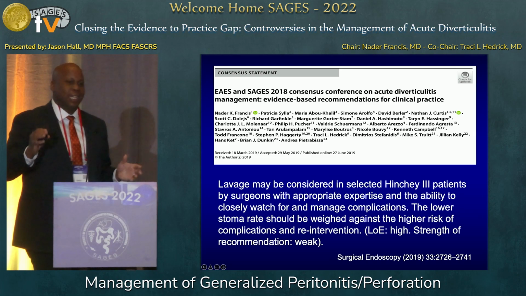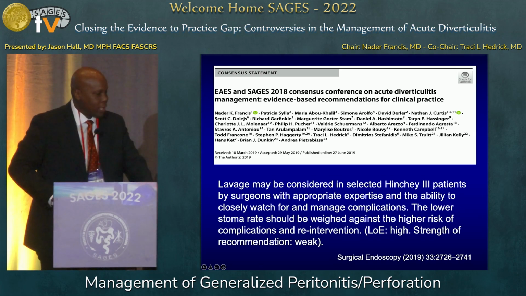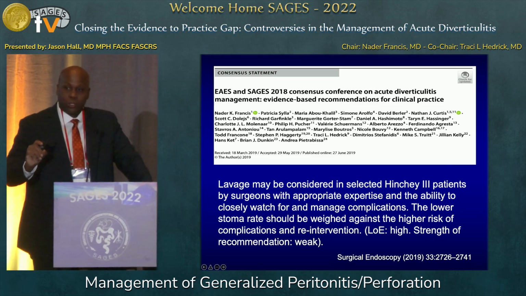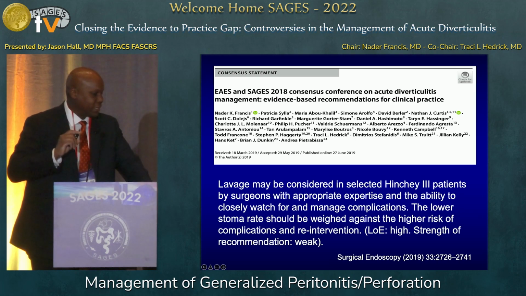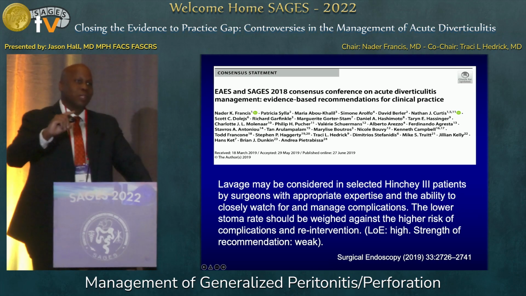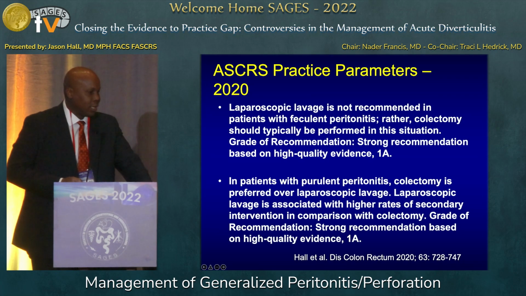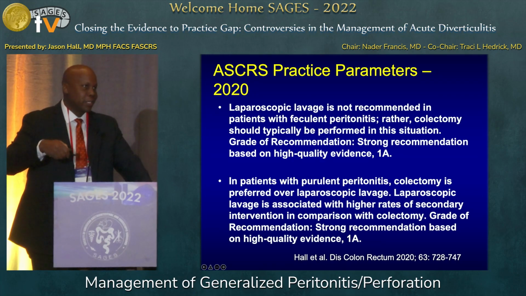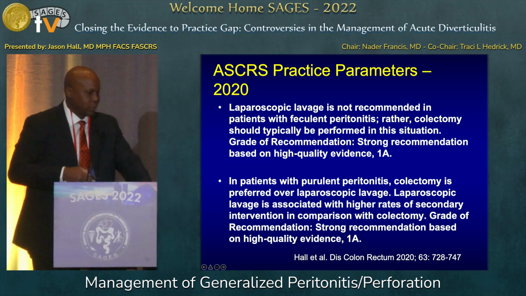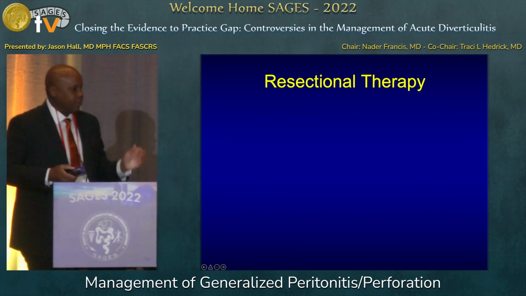Let's say CT Hinchy 3 criteria, with surgeons with appropriate expertise and the ability to watch for these recurrent abscesses and other problems that these patients sometimes develop. You can consider doing it. We said don't do it in patients who have feculent peritonitis, obviously, but you could consider it in purulent peritonitis, although the ASCRS prefers that you take the colon out.